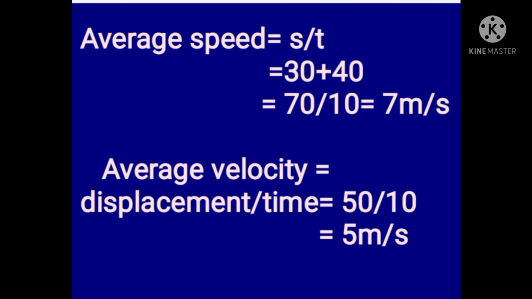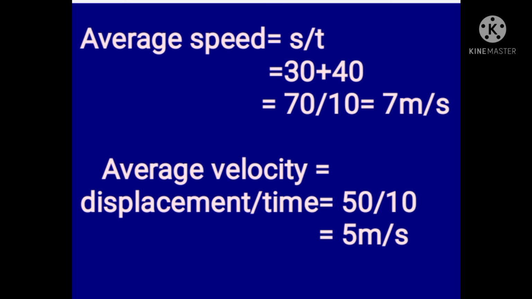So here AC is equal to root of AB square plus BC square, which is equal to root of 30 square plus 40 square, which is equal to root of 900 plus 1600, equal to root of 2500. So what is the root of 2500? Which is equal to 50. So the distance of A to C is 50 meter.